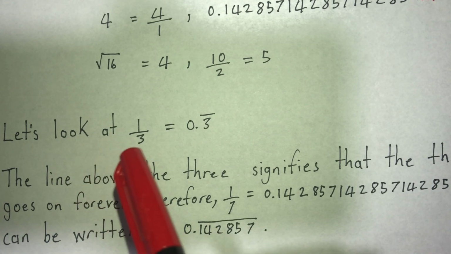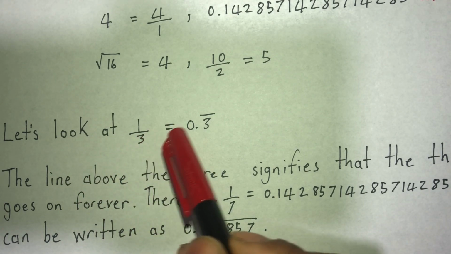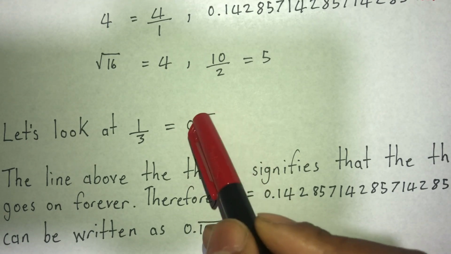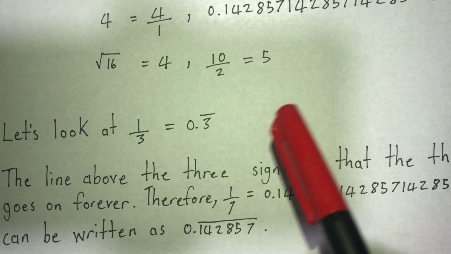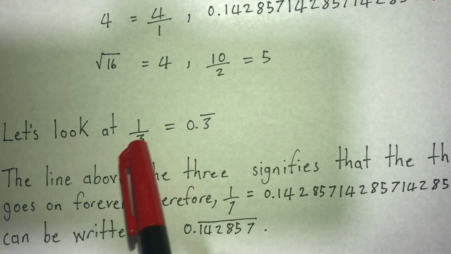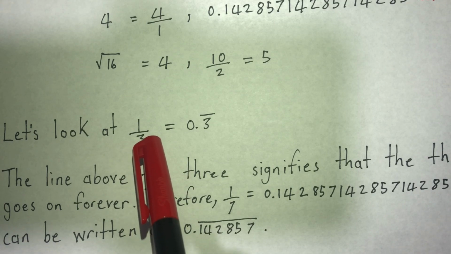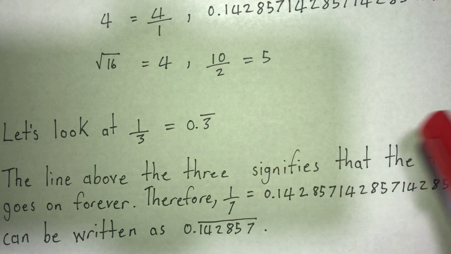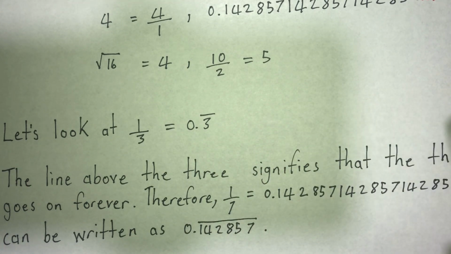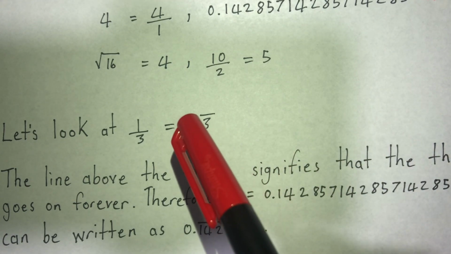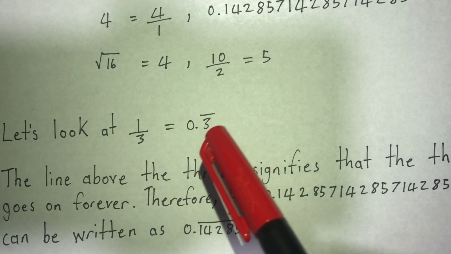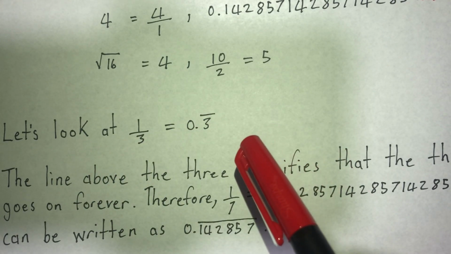Let's look at 1/3 equals 0.3 with a line above the 3. In truth, dividing 1 by 3, you get 0.333333333, and you can say 3s from now until forever.